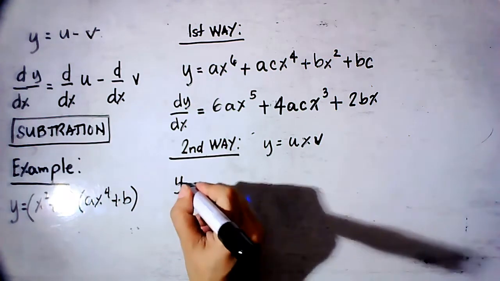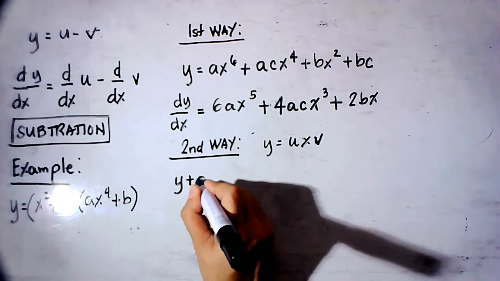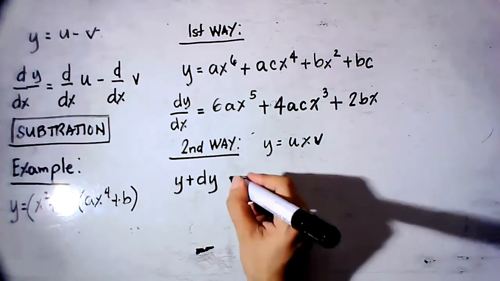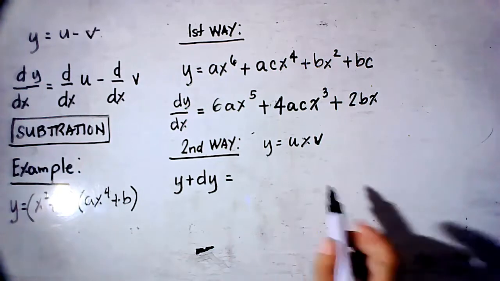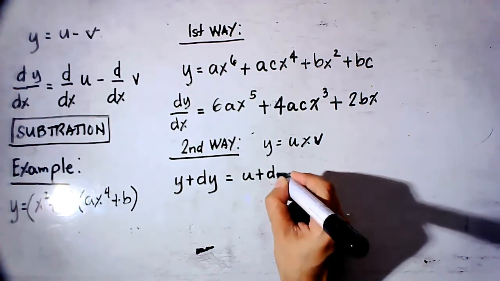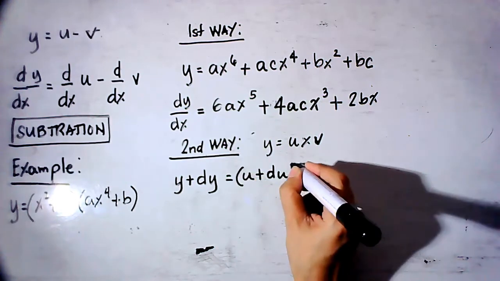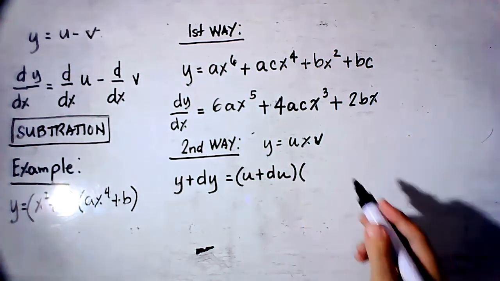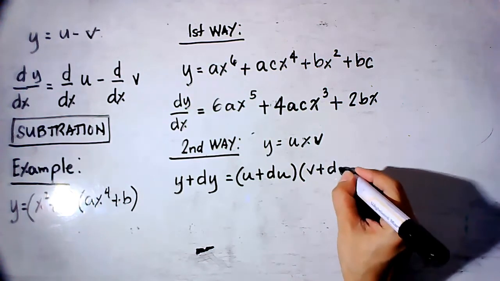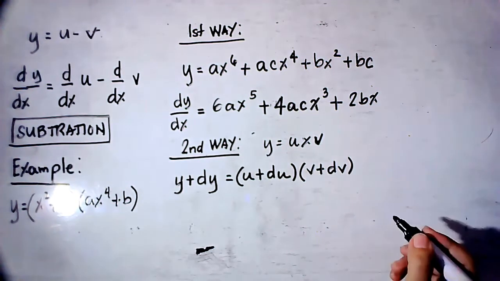You're going to increase the value of y, so that would be y plus dy, which is equal to u plus du, then multiplied by v plus dv.